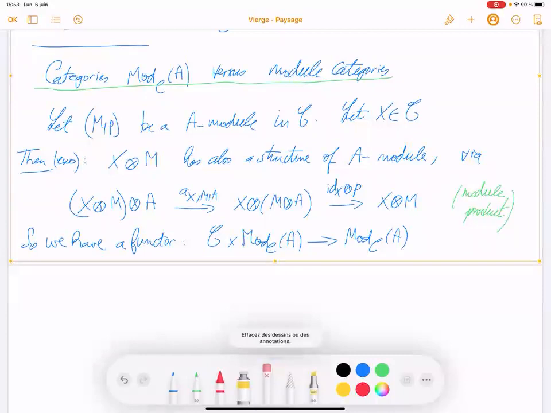Now, what about the module associativity constraint?